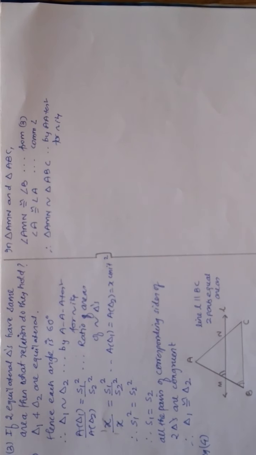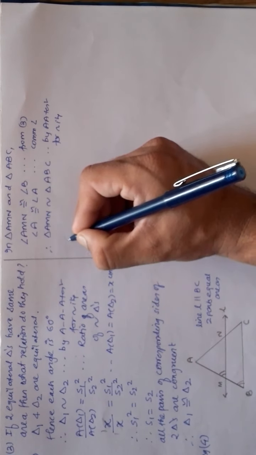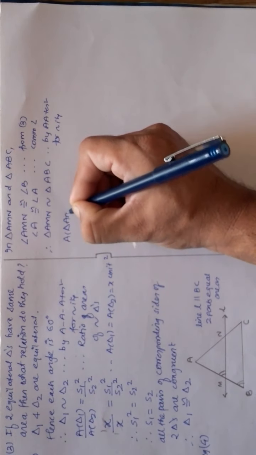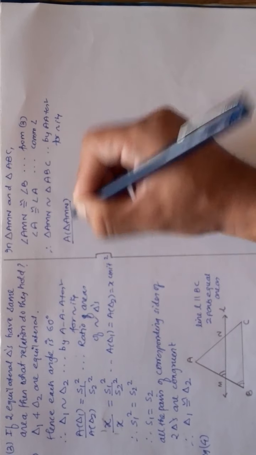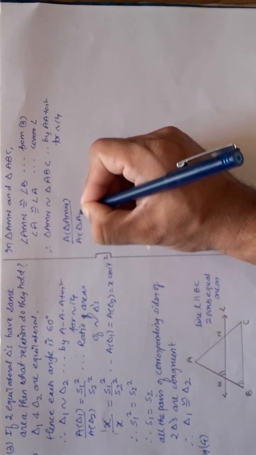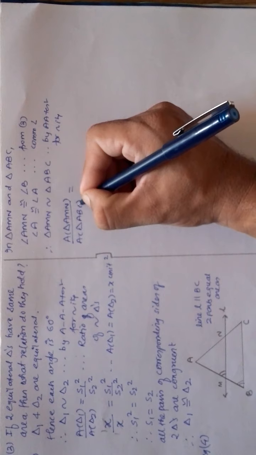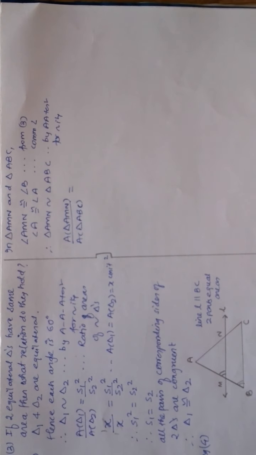Now the two triangles are similar, so the ratio of their areas is proportional to the squares of their corresponding sides. So area of triangle AMN is to area of triangle ABC. Which side I take is very important.